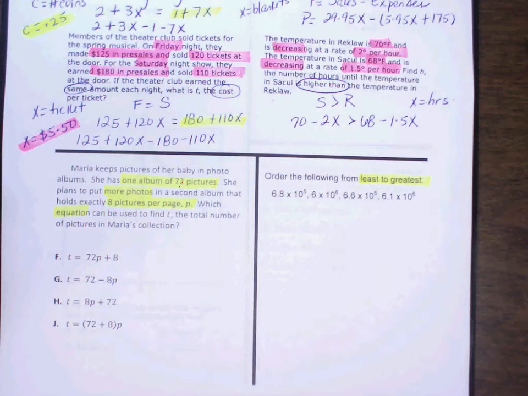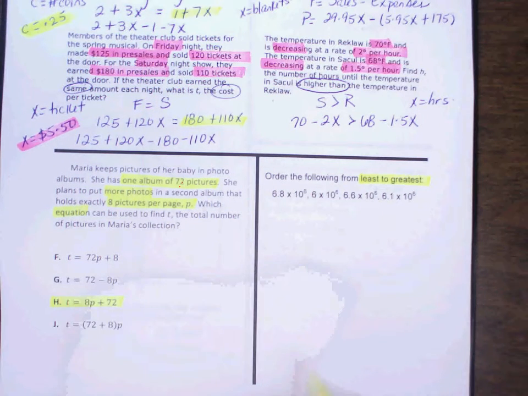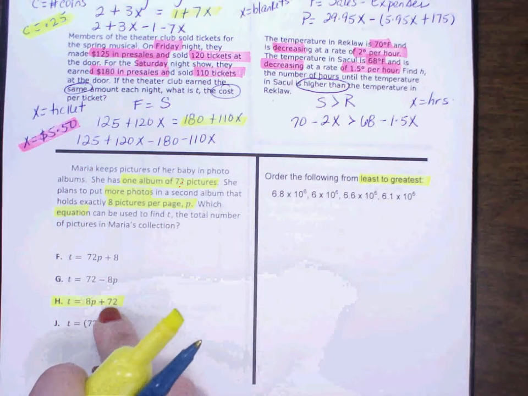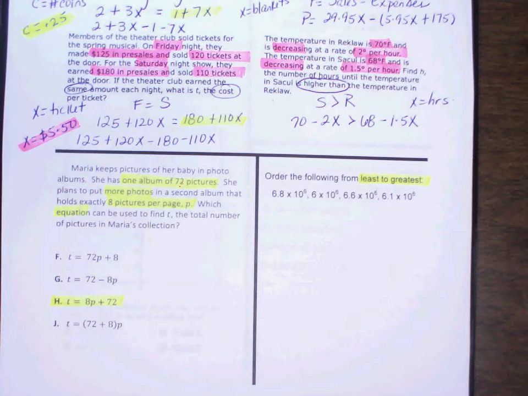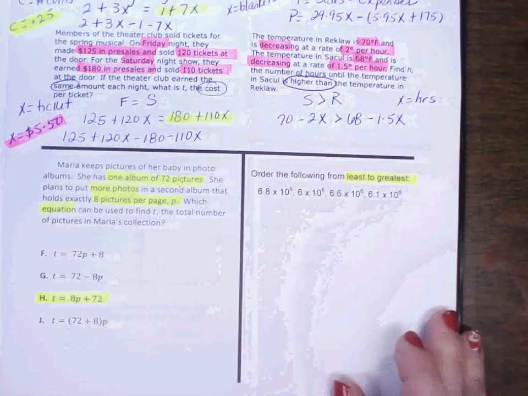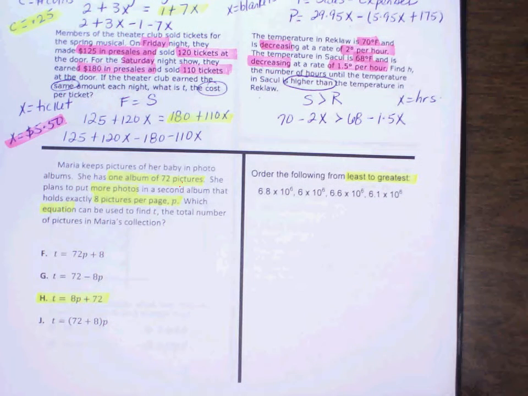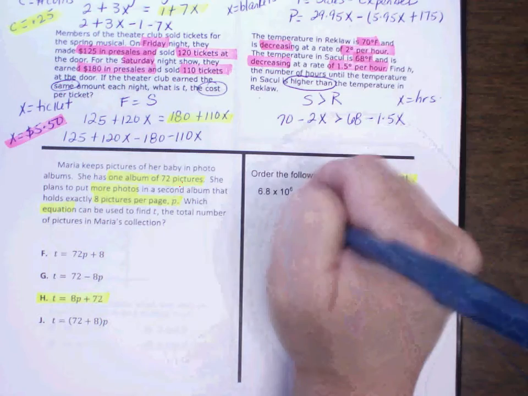Least to greatest, what does that mean? Smallest to biggest. Very good. When you have this, what is the only thing you need to take a look at? Your exponents. So what's my biggest exponent? That doesn't help because they're all 6, so now I have to look at the number.